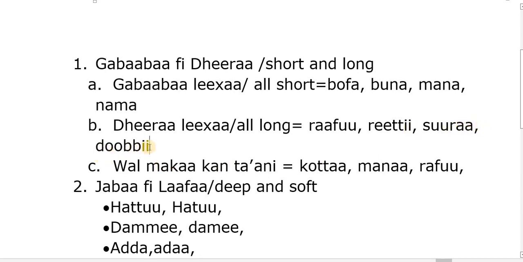Dobi, both are long sounds. As you can see, T here and the B here are strong, but we cover that next one. So we need to identify those. When we say short, it refers to vowels, and the vowels are not repeated when we have short sounds.